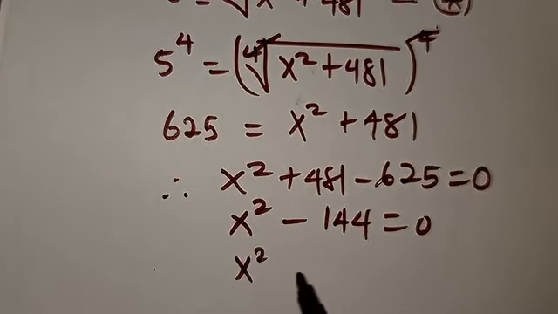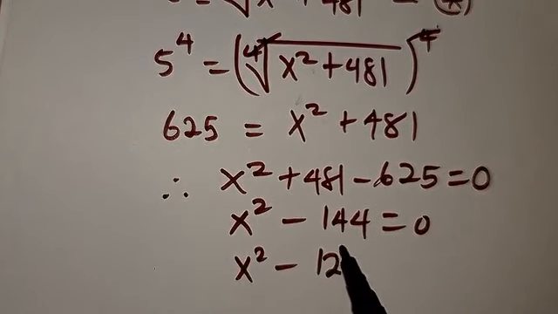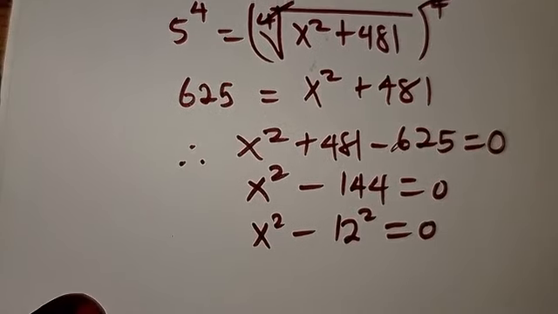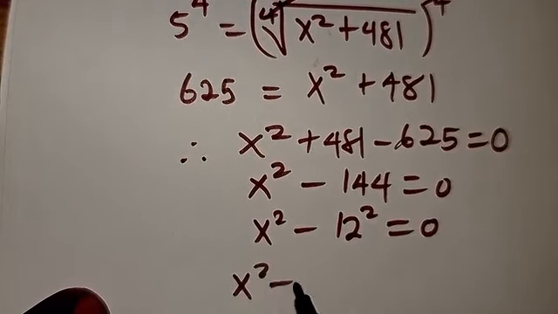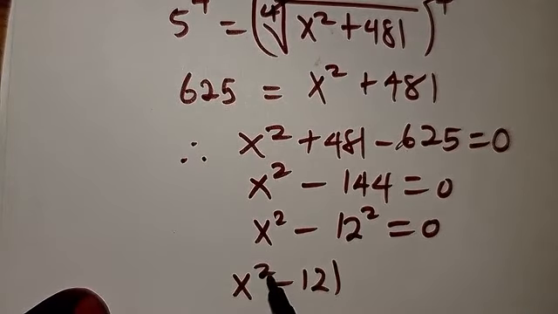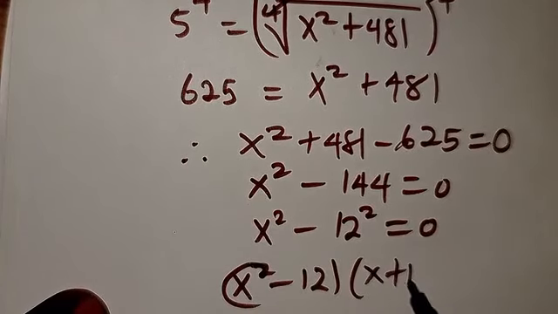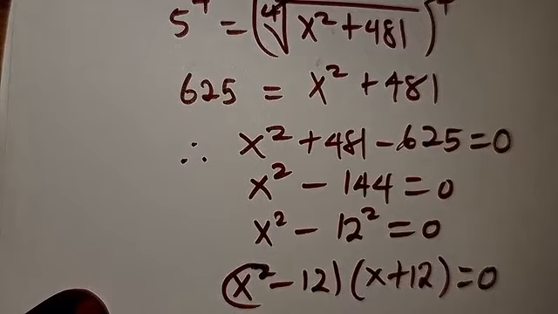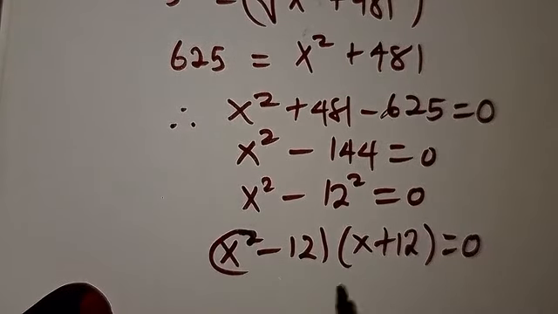We can have x squared minus 12 squared equals 0. So we have x minus 12 and x plus 12 equals 0. This square is not there, I'm very sorry for that. We have x minus 12 and x plus 12.